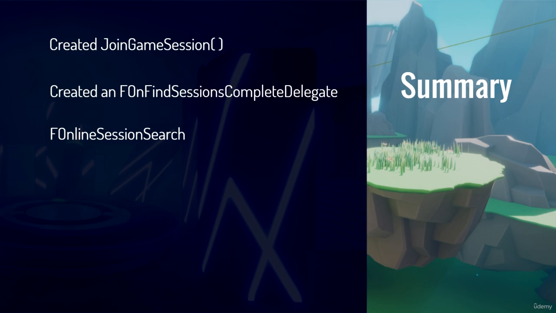We passed in this session search with some search settings specified, and we called FindSessions. And in our callback function, we accessed the search results in this FOnlineSessionSearch member variable in order to access the ID and username of the user that created that session.